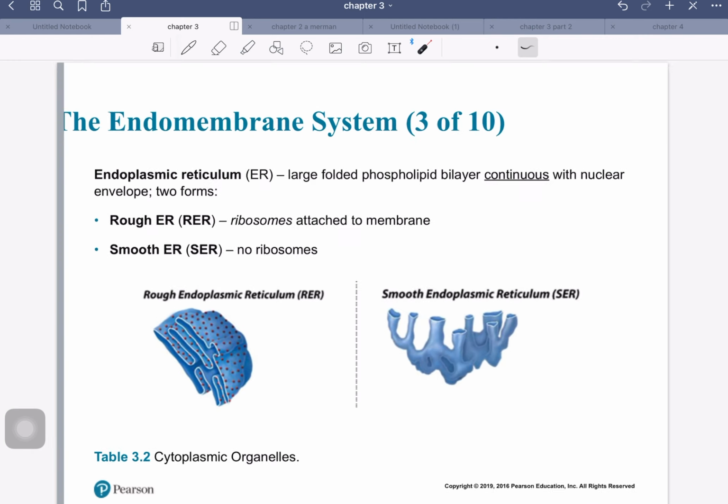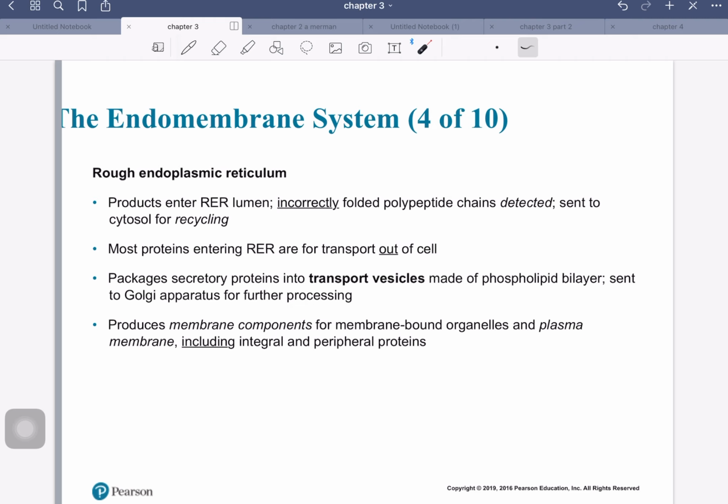Now let's have a look at them. So the rough ER, right, what's it all about? Most proteins enter the rough ER for transport out of the cell. So it's a lot about making stuff that I'm going to send out into the tissue matrix or to transport elsewhere in the body.